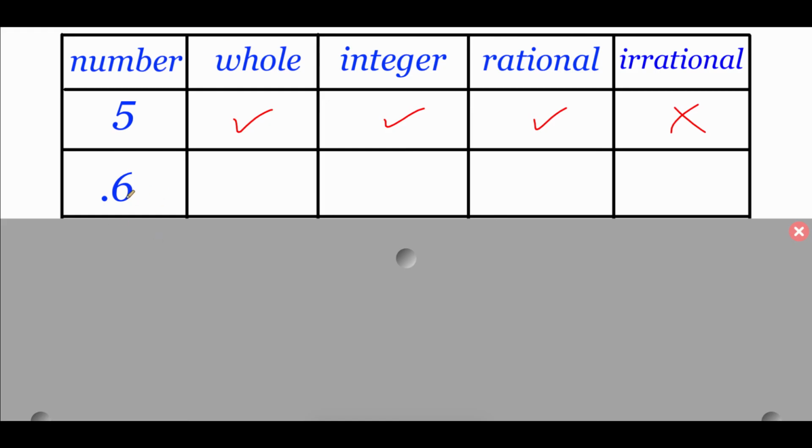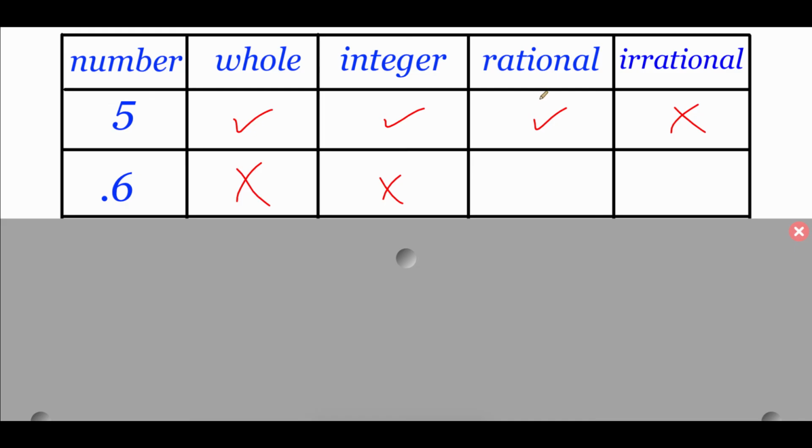The next number we want to take a look at is 0.6. Now, whole numbers, we said there were no fractions and no decimals. And 0.6 is a decimal, so it's not a whole number. Integers were the whole numbers and their opposites. And since 0.6 is not a whole number, then it also can't be an integer. Now, as far as being a rational number, we have to ask ourselves, can we take this decimal and write it as a fraction?